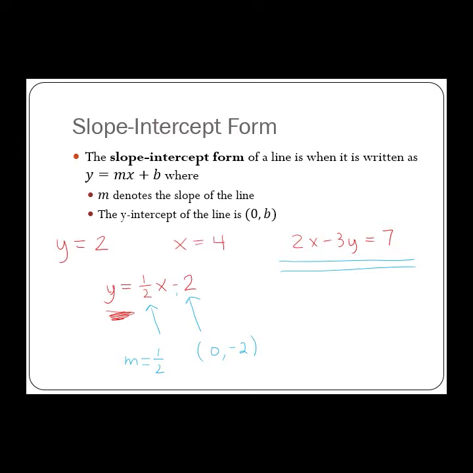If you recall back on exam 2, there was a question that said, take something like this and solve for y. So it was a question about solving for y. We did that by subtracting 2x from both sides, dividing by -3.